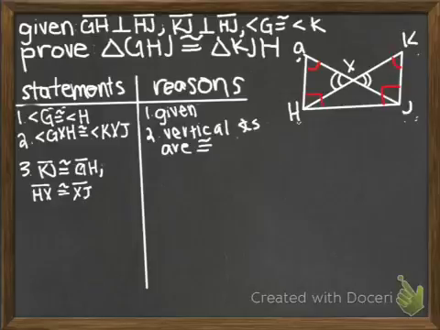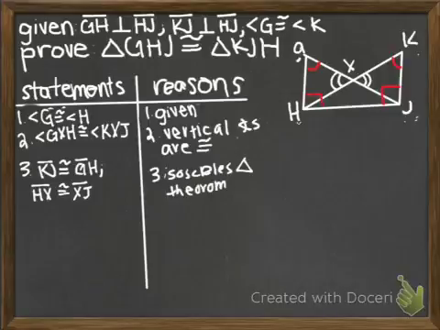The reason for this is the isosceles triangle theorem. So we're going to put that down on the chart. Line segment KJ is congruent to GH, and HX is congruent to XJ.